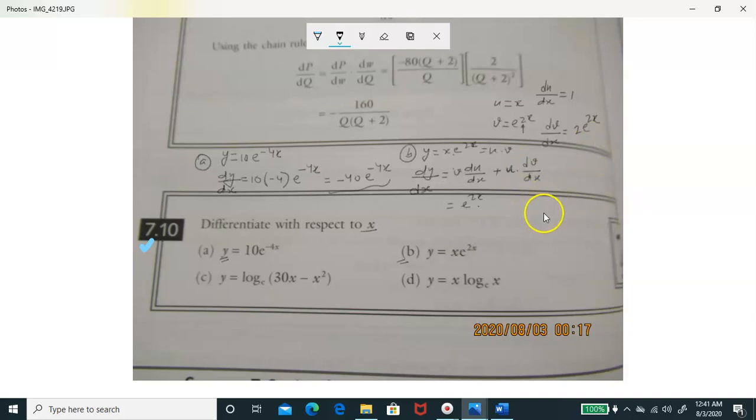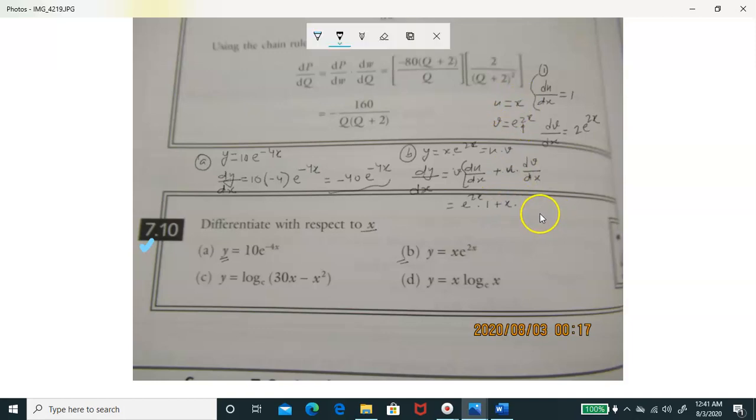Yes, so now let us substitute the values here. From here, this is 1 plus, u is equal to x, right?